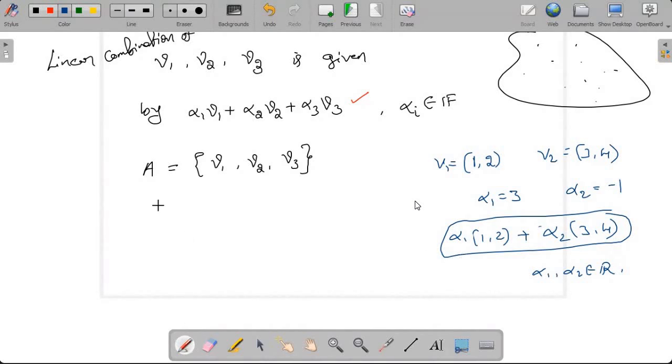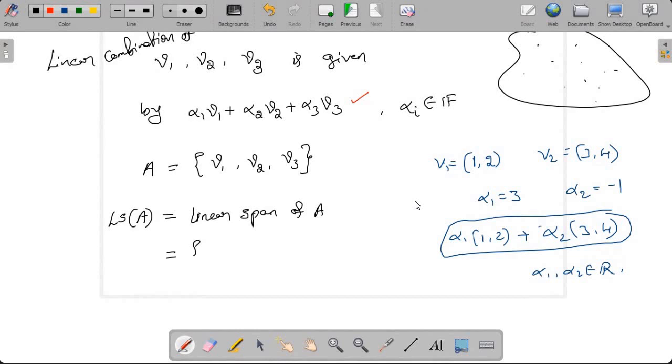Let me mention that set here. We are going to denote that set like this: linear span of A, simply we write it as ls of A. So let me write what it means.